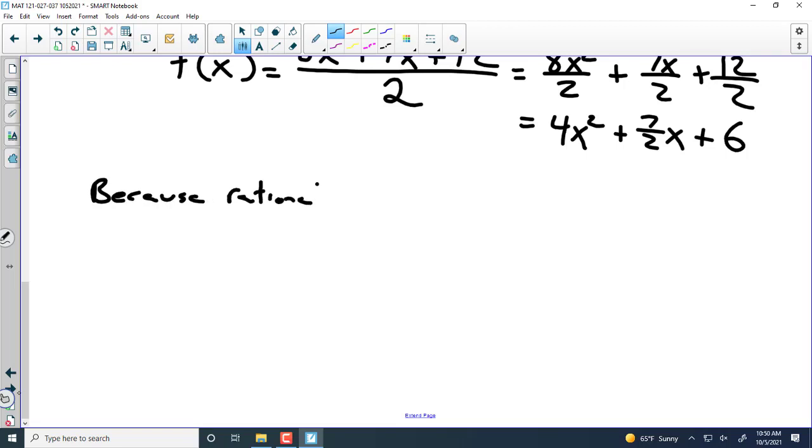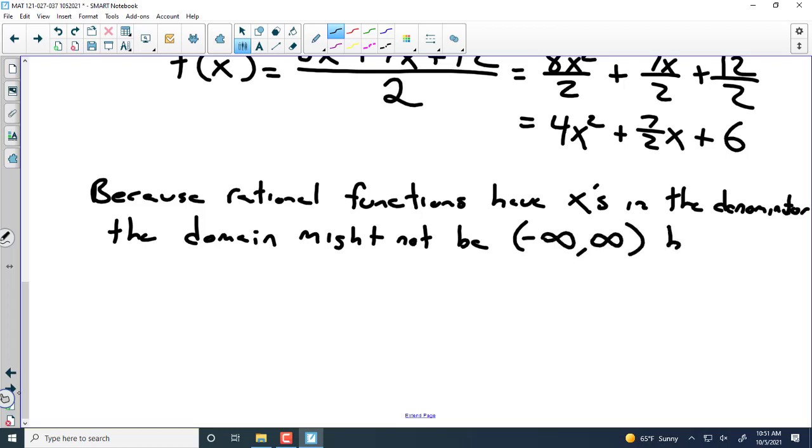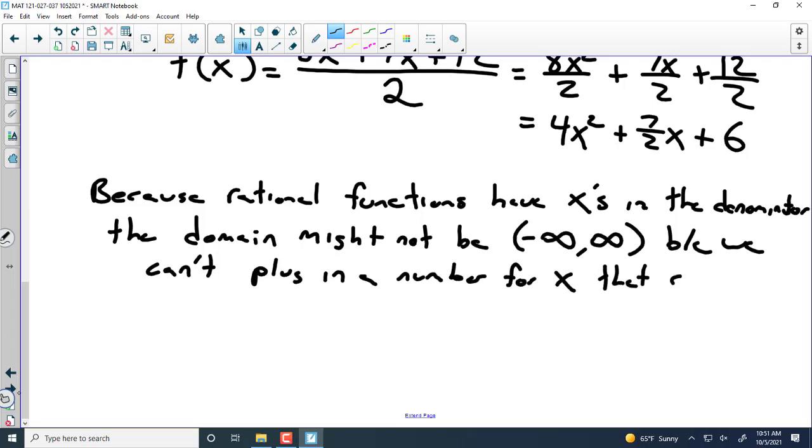Because rational functions have x's in the denominator, the domain might not be negative infinity to infinity, because we can't plug in a number for x that causes division by 0.